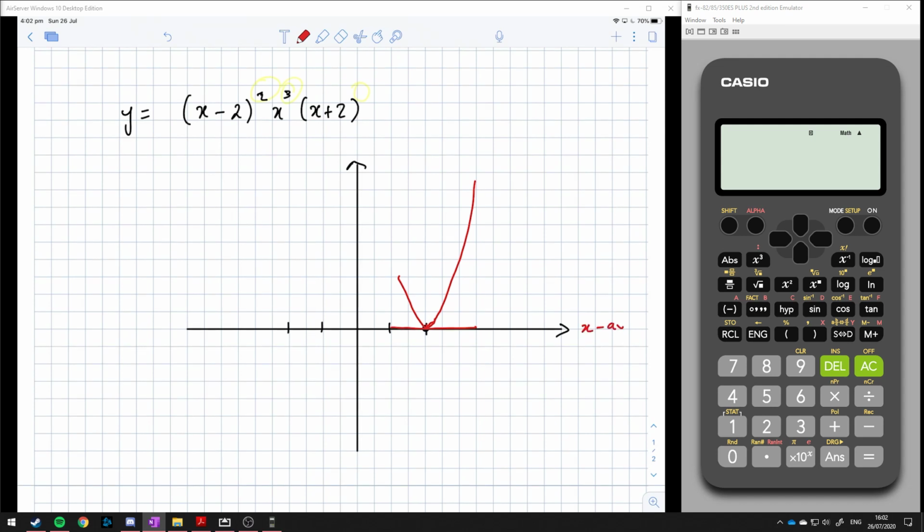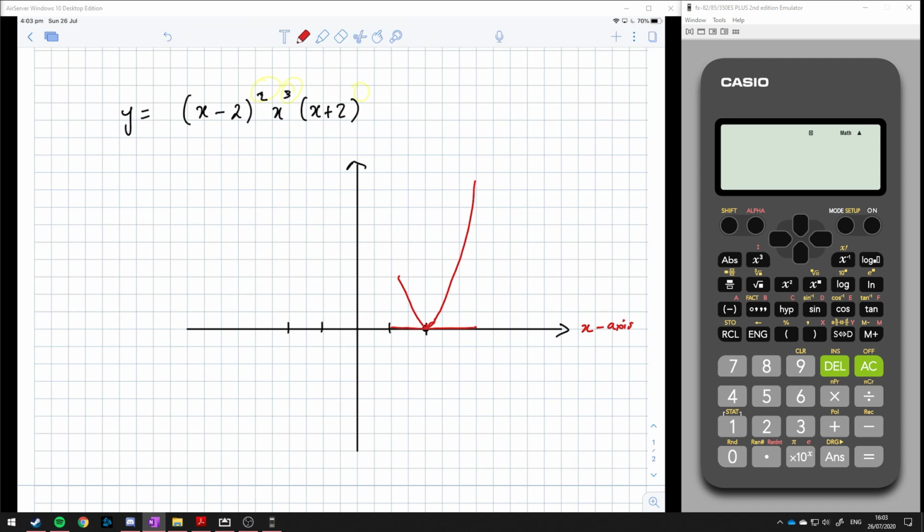But basically this line here, if it was a non-even power, would probably keep going like that. Because it's an even power, it doesn't cross over that line, but just comes back up like this. We've talked about that before, about the even and odd powers.